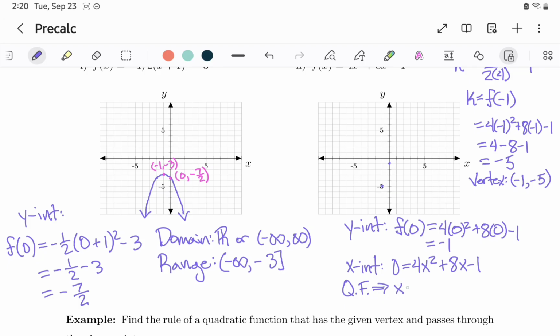So according to the quadratic formula, x is equal to minus 8, that's minus b, plus or minus the square root of b squared, so 8 squared, minus 4, and then a is going to be 4, and c is going to be minus 1 over 2a, so over 2 times 4.